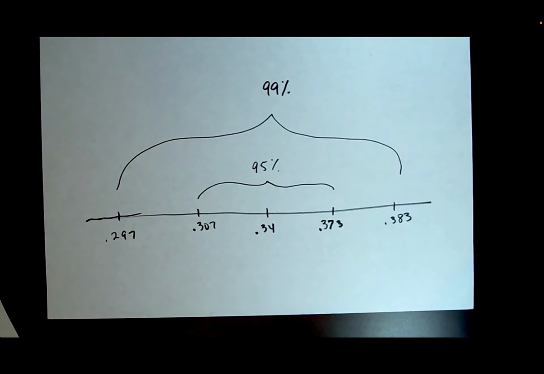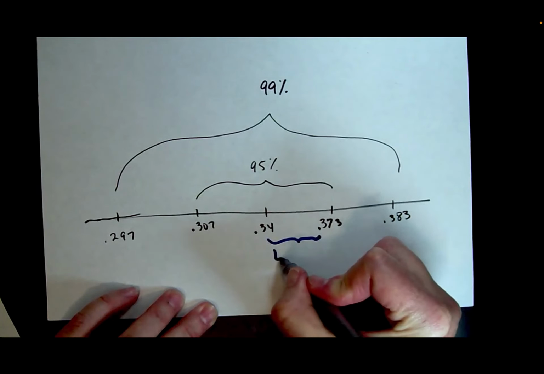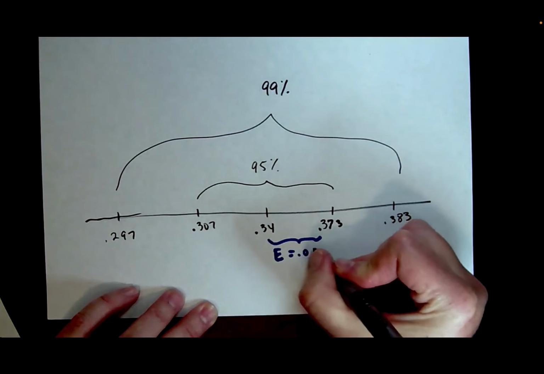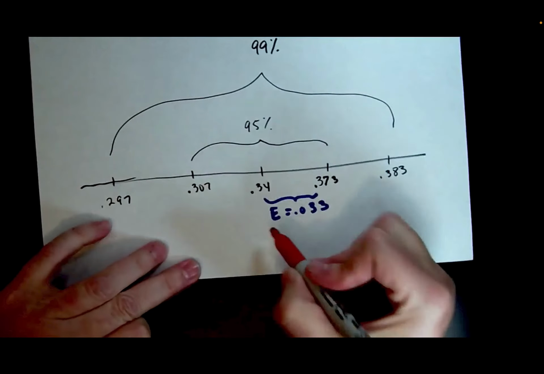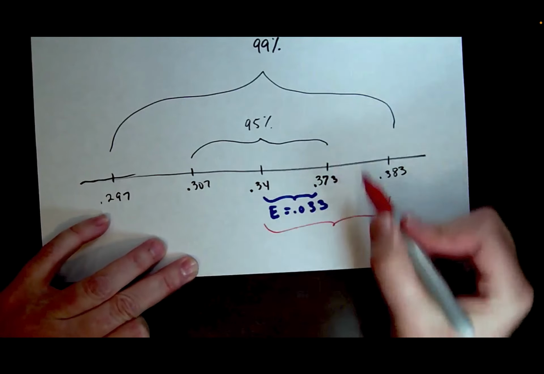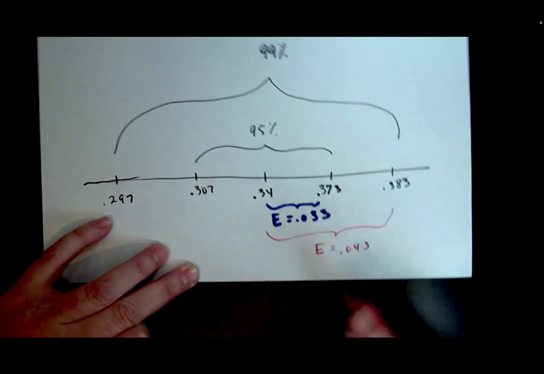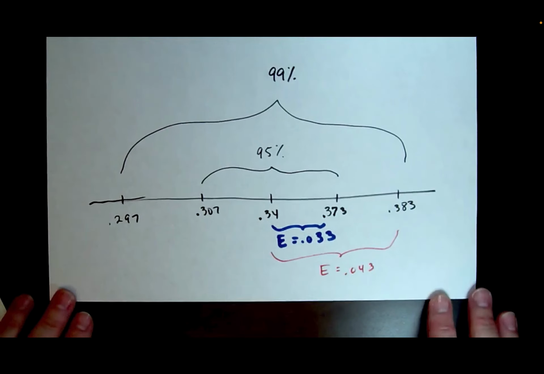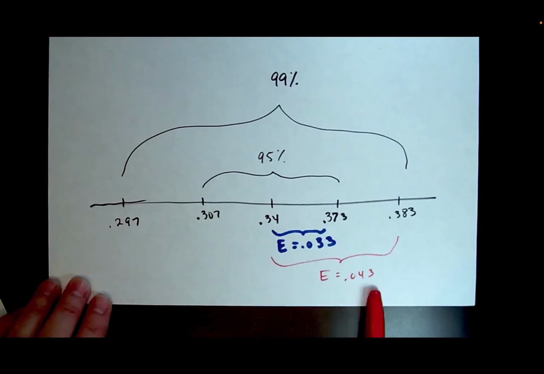Maybe we should label the margin of error on here just to remind ourselves. That margin of error was 0.033, and then we also computed the second margin of error for the 99% one. That was 0.043. So what I want us to take away from this part of the example is that when you go for a higher confidence level, you end up with a larger margin of error.